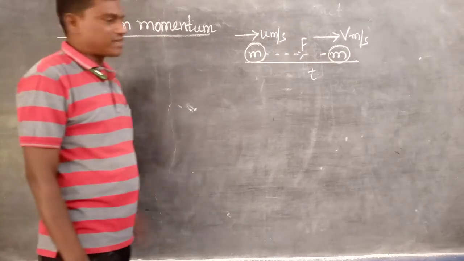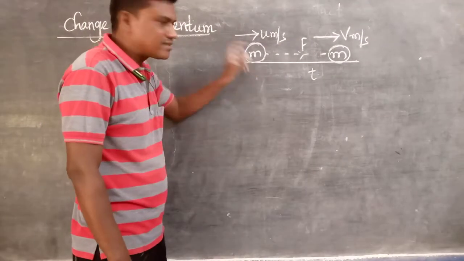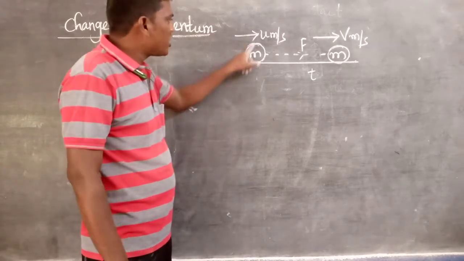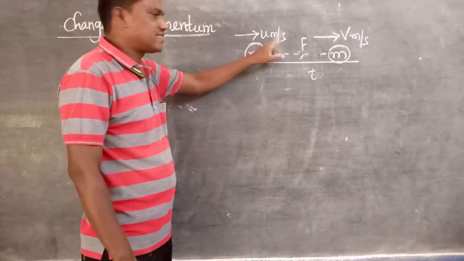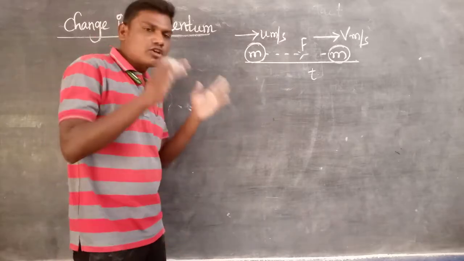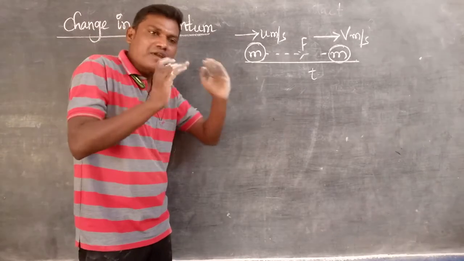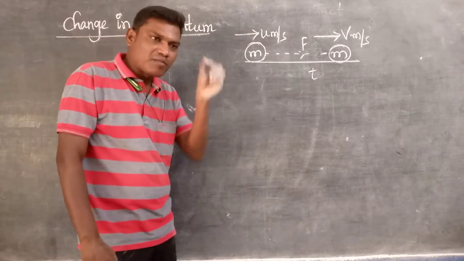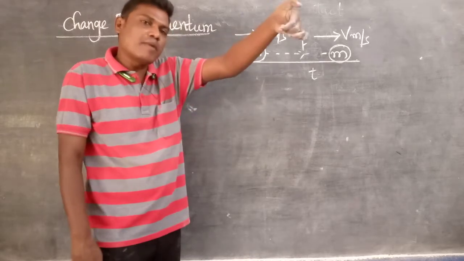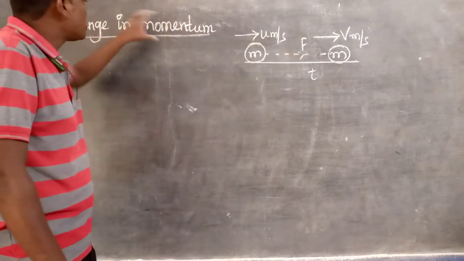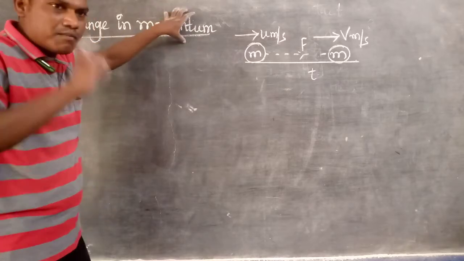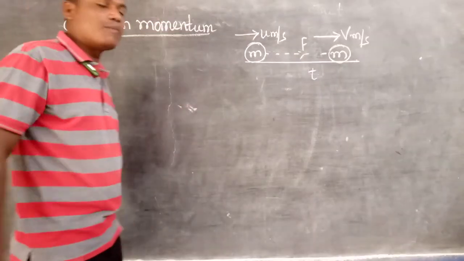Let us consider a body of mass m, initially moving with velocity u. Listen very carefully. You know that if a body is in motion, it has momentum. Our topic is which one? Change in the momentum. Momentum means the body must be in motion only.